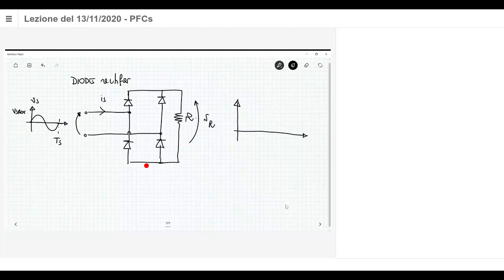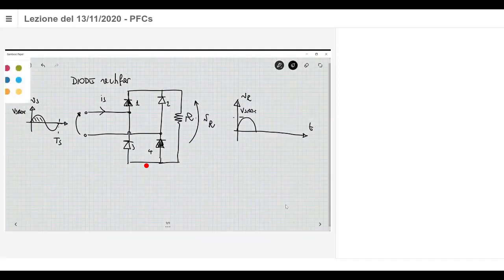Okay, when you have the positive value of the voltage Vs at the input, then these two diodes here, let's say the diodes number 1 and 4, are on, and give you the same output voltage. So VR is the same here as Vs maximum, more or less. If I neglect the voltage drop across the diode, it should be the same.